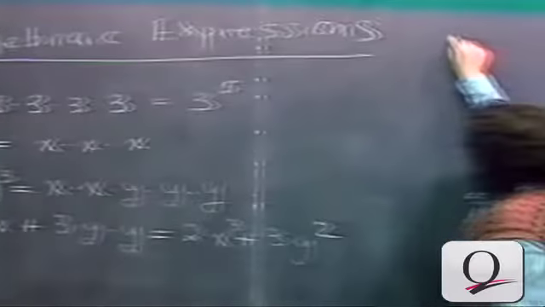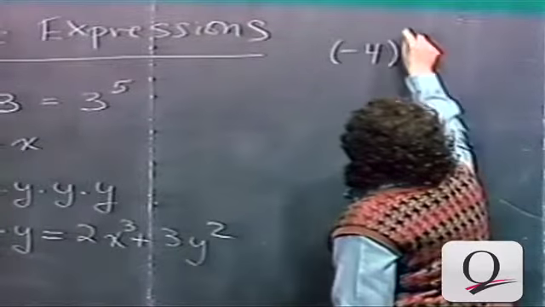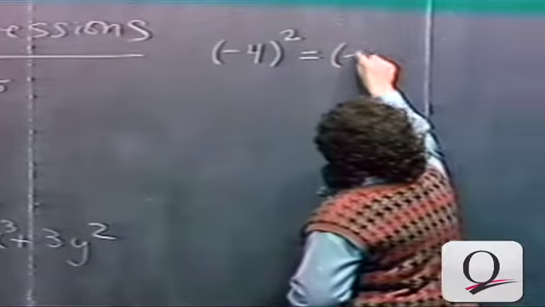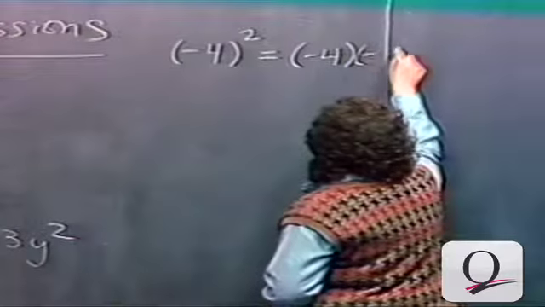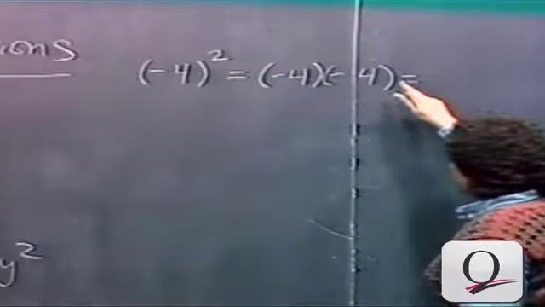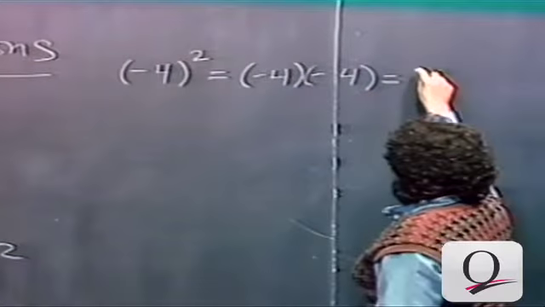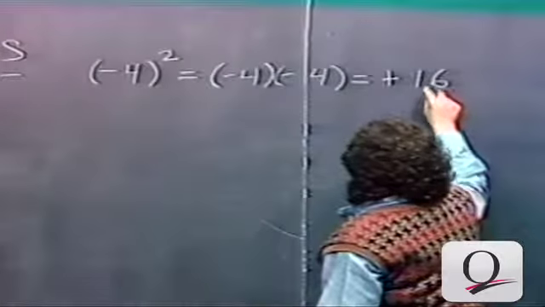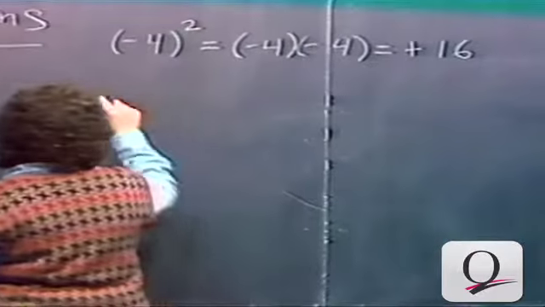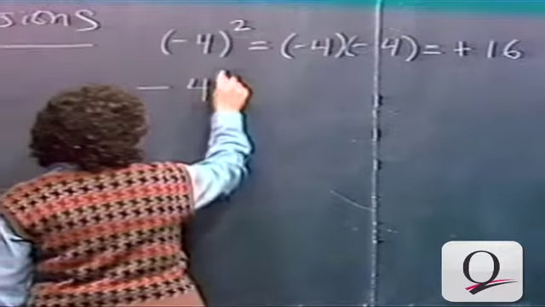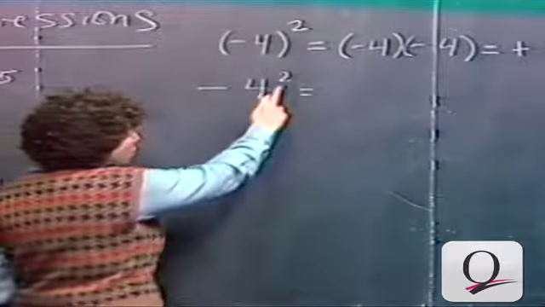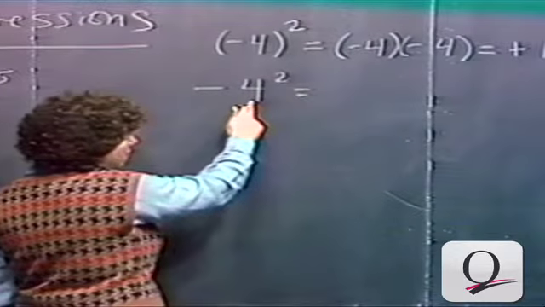If we see minus 4 quantity squared, it means, of course, minus 4 taken as a factor twice. Minus 4 times minus 4. When you multiply two negatives, the result, of course, is positive, 16 in this case. On the other hand, if I write minus 4 squared, we ought to remember that the exponent only applies to what is to its immediate left.